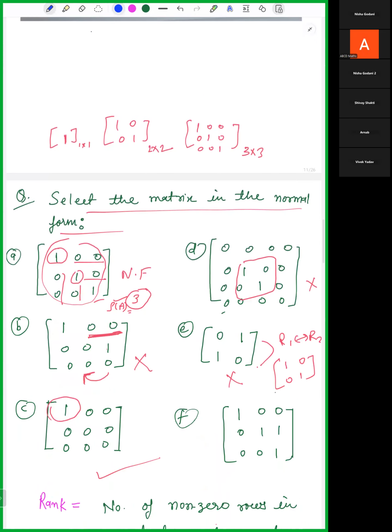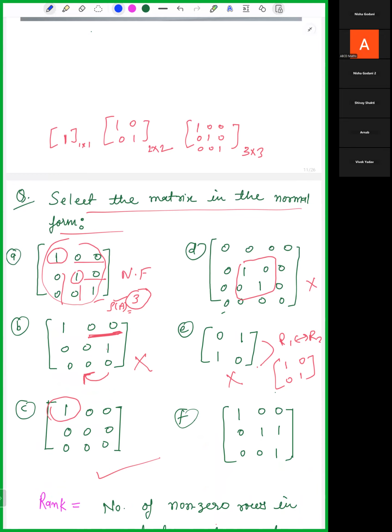What about matrix F? Is it in normal form? Yes or no? Zorli, Vivek, Shivai, Arnab? No. Why? Why no? What about others?